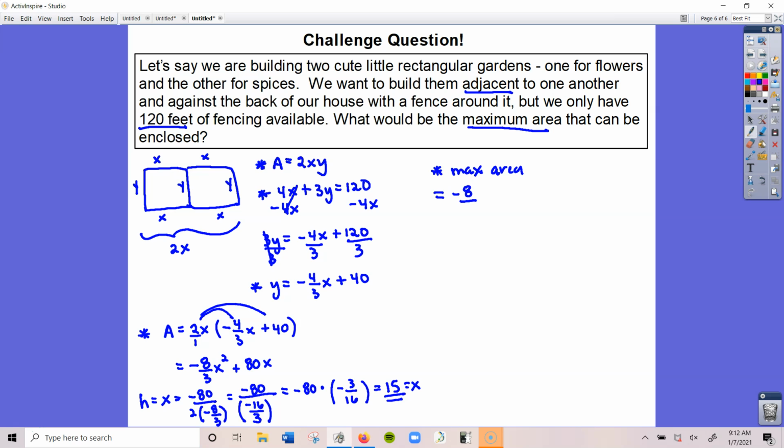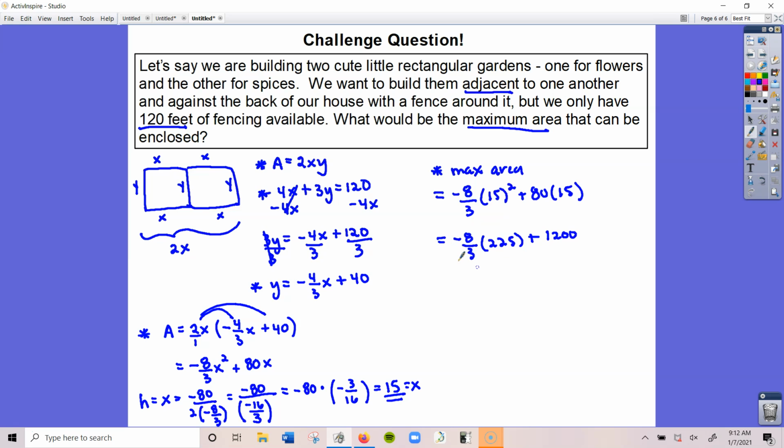So negative 8 over 3 times 15 squared plus 80 times 15. Now 15 squared is equal to 225, plus 80 times 15, which is equal to 1200.